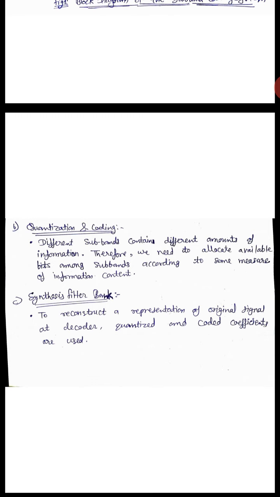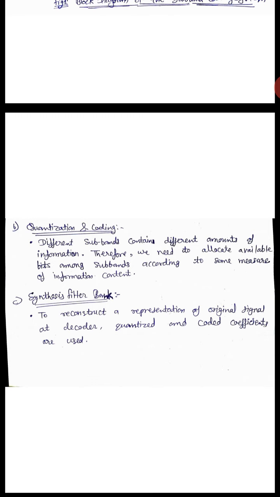Taking another example, suppose we are decomposing an image into 4 subbands and we want an encoding rate of 1 bit per pixel.